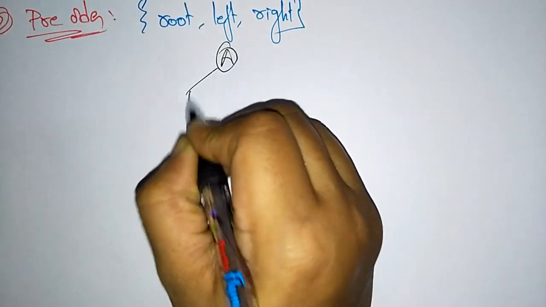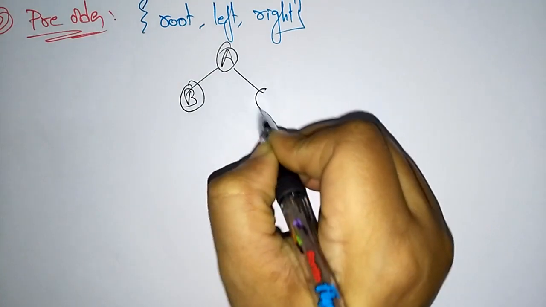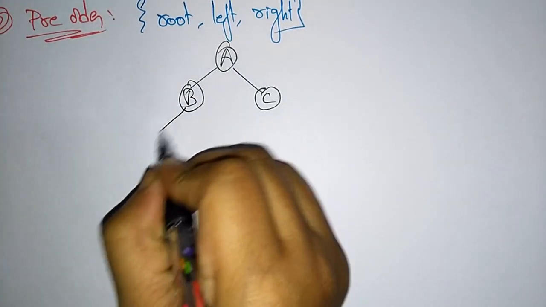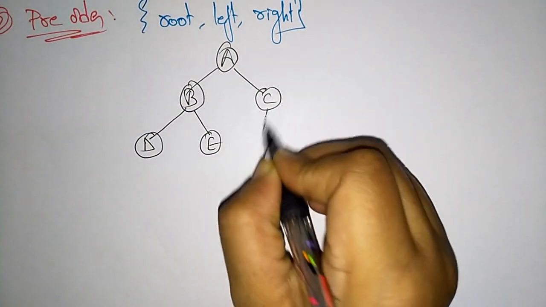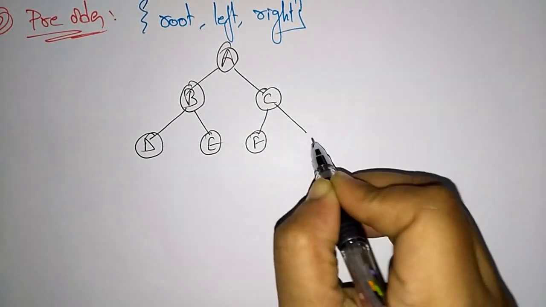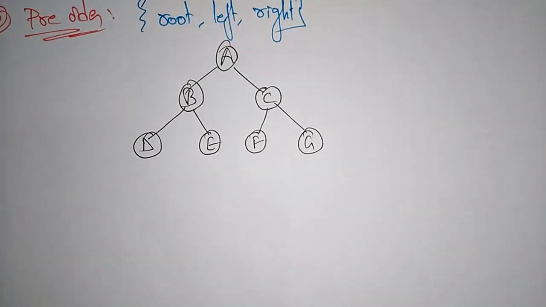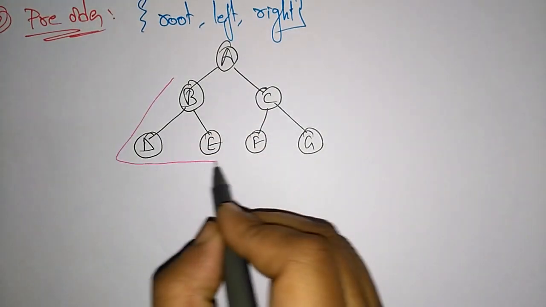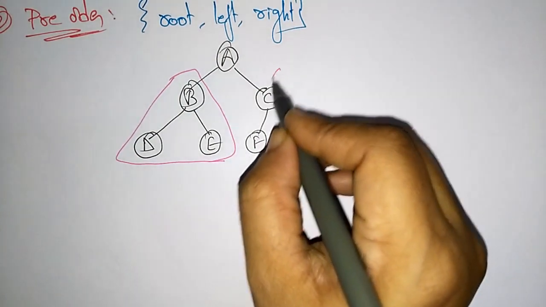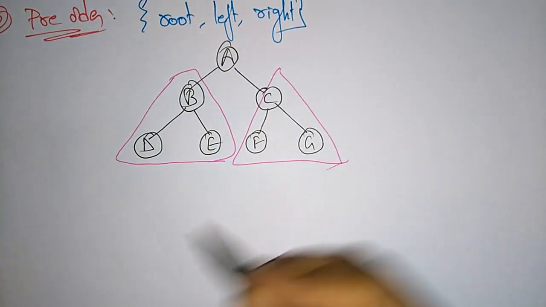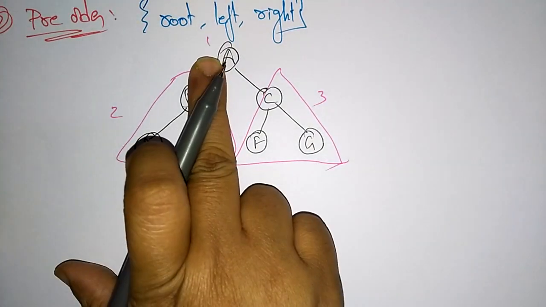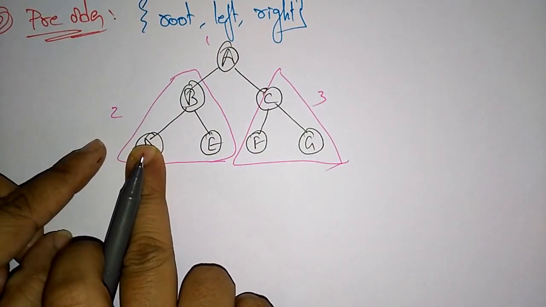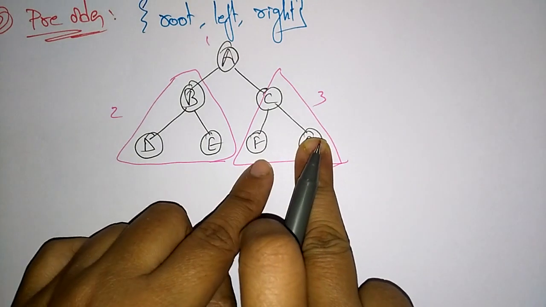A, B, C, D, E, F, G. Okay, and here this is a subtree and this is another subtree. So first it has to visit the root node, after that the left subtree, after that the right subtree.